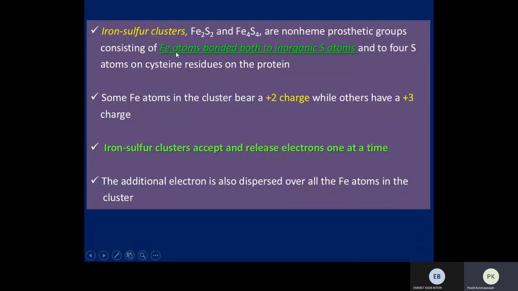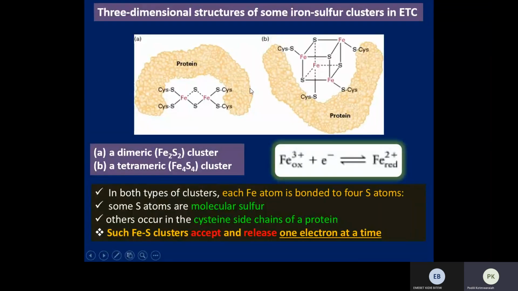This is the structure of the iron sulfur clusters. There are 2 types of iron sulfur clusters present. One is Fe2S2, the dimeric, and the second is Fe4S4, the tetrameric. In both cases, you can observe that each iron atom is linked to 4 sulfur atoms: 2 are inorganic sulfur, and 2 are the sulfur side chains of cysteine.